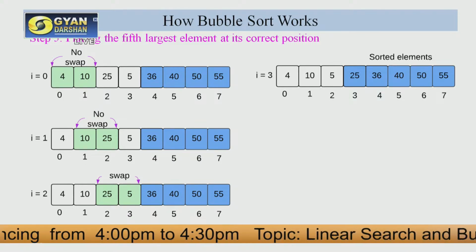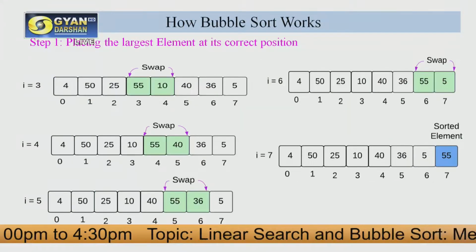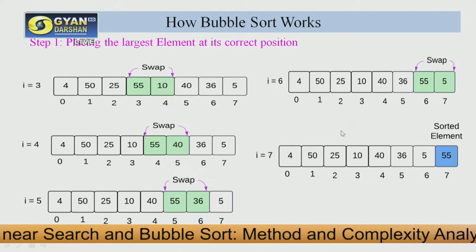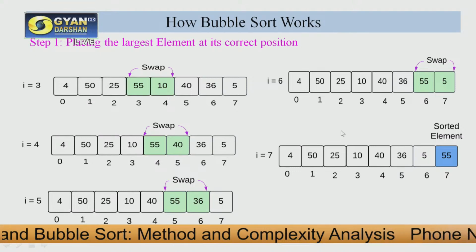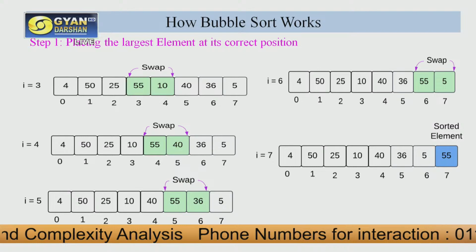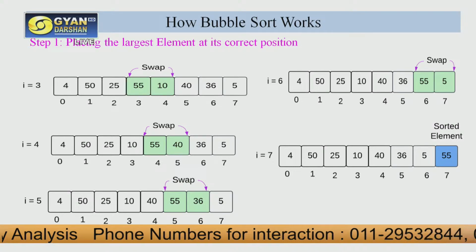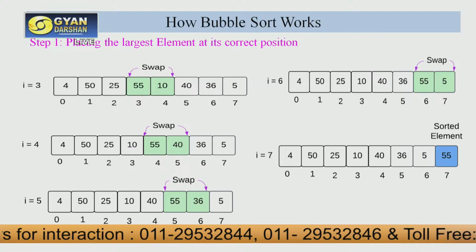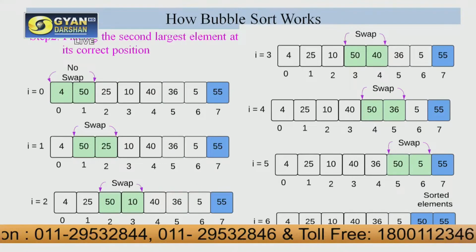Like in pass 1, we can see that there are a total of 8 iterations, because there are 8 elements, and in the worst case 8 swappings may be done. 8 or fewer swappings will be required, and 8 comparison operations will be required.